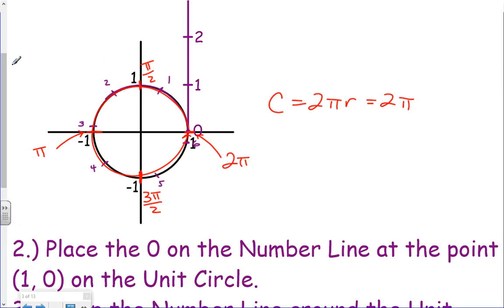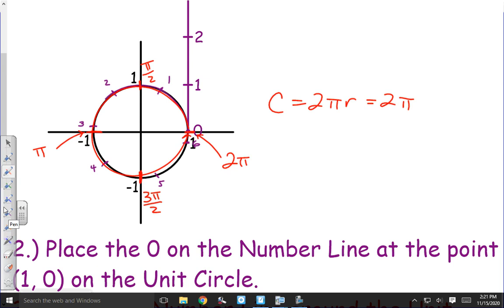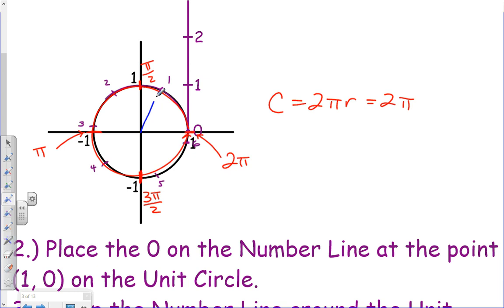So if I go back up to my sketch here, and if I look at where 1 is at, and if I draw a line that goes right through that point here, that'll be the terminal side of an angle that I've got marked here. And this angle that I've got here is 1 radian. I'll say 1 rad for radian. And of course, the line that goes through the 2 there would be the terminal side of an angle with a radian measure of 2, and so forth.